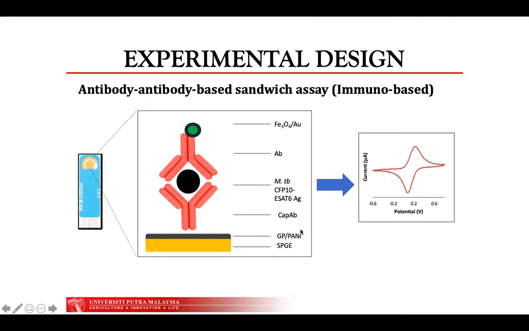And we have this graphene polyaniline modified electrode to enhance the current. And we are using a combination of Fe3O4 combined with gold nanoparticles as the enhancement, or as a tag for the signal generation of the biosensor.